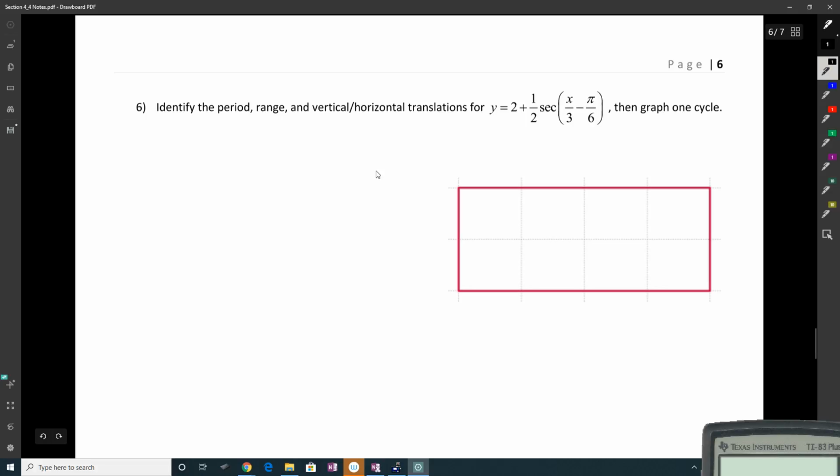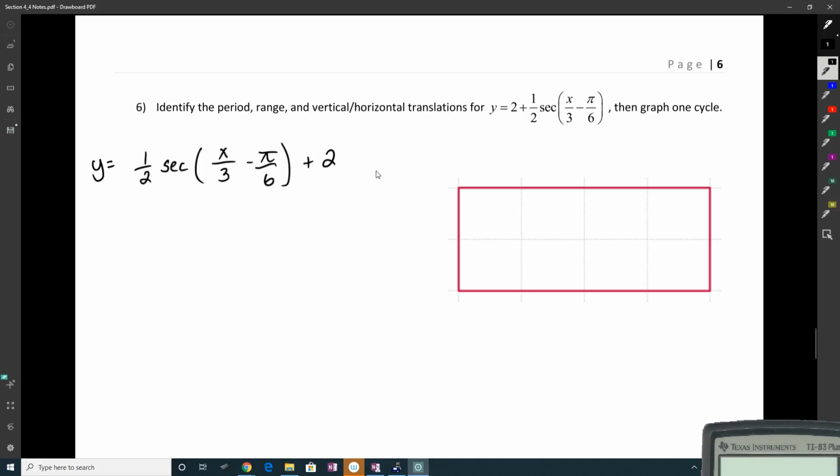All right, so our first task is just to rewrite it. So this is y equals 1/2 secant of x over 3 minus pi over 6, and then plus 2 at the end.